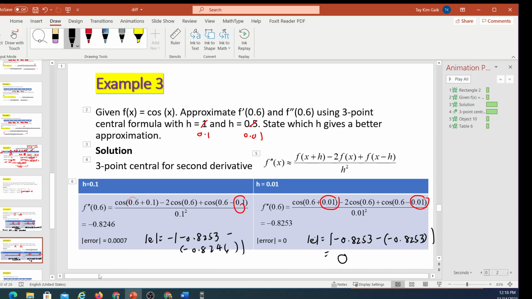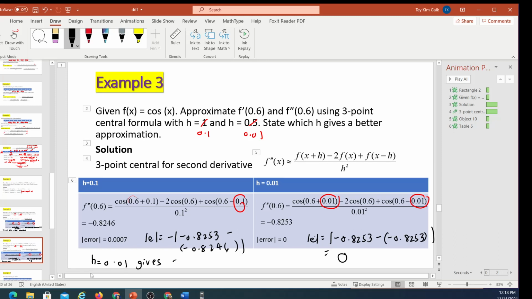Again, for the second derivative, the smaller h, h equal to 0.01, gives a better approximation.